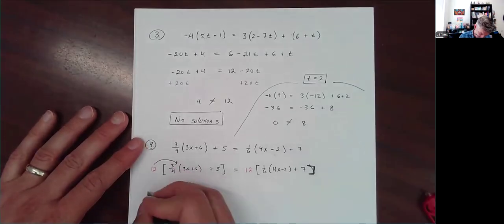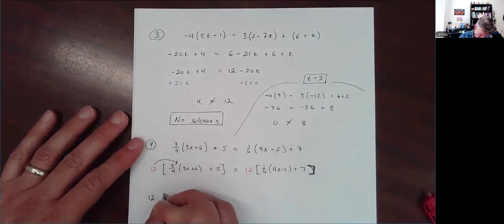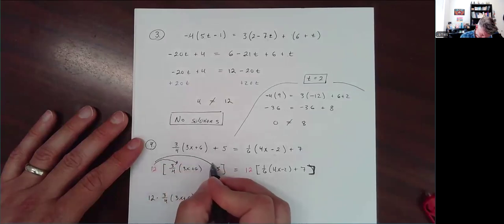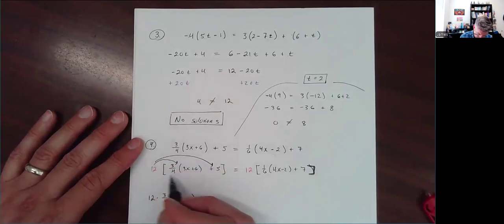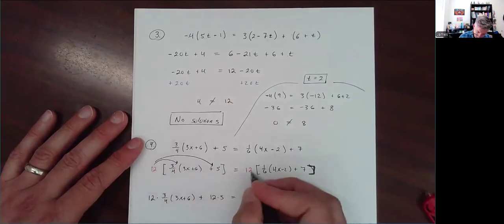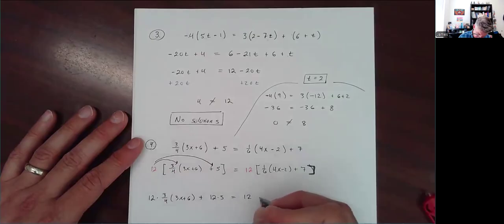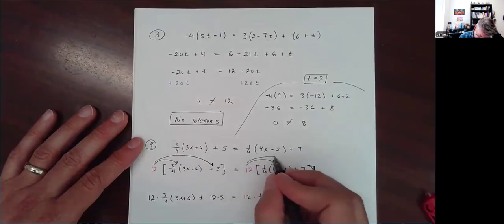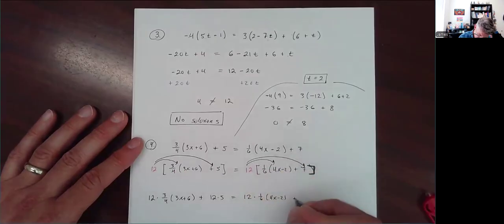So 12 times 3/4 times 3x plus 6, plus the 12 also has to multiply the 5. So we're distributing this 12 across addition, equal to 12 times 1/6 times 4x minus 2, plus 12 times 7.